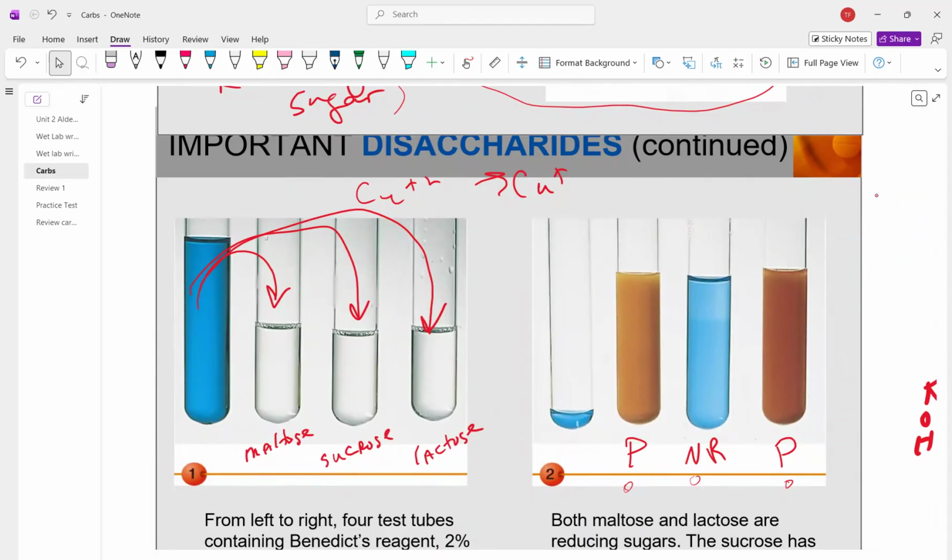So, maltose changes color. Sucrose, no reaction. Lactose changes color. So that means sucrose, according to this test, is not a reducing sugar, whereas maltose and lactose are.